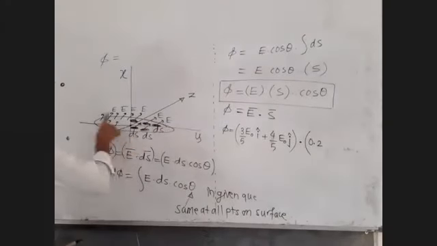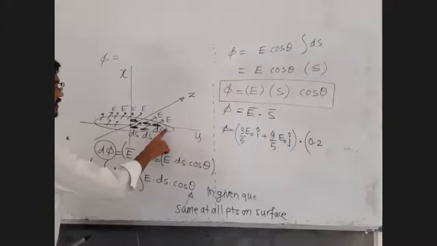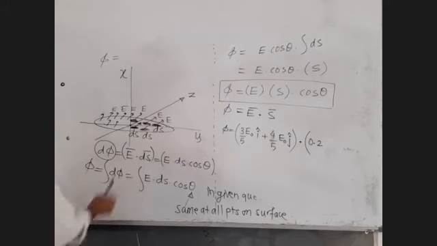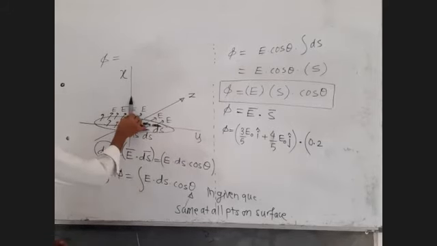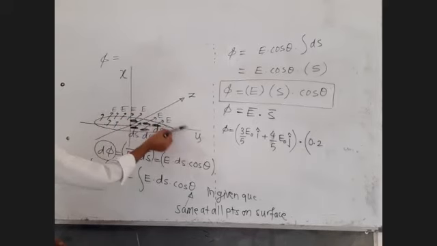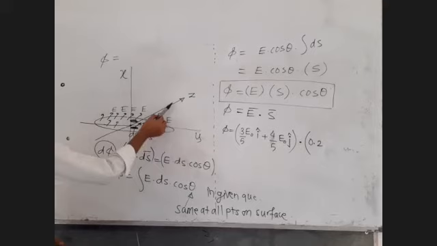Area means surface. The surface is in the YZ plane, so the area vector should be perpendicular to YZ, that is along i cap. This is for the area vector: magnitude into direction.